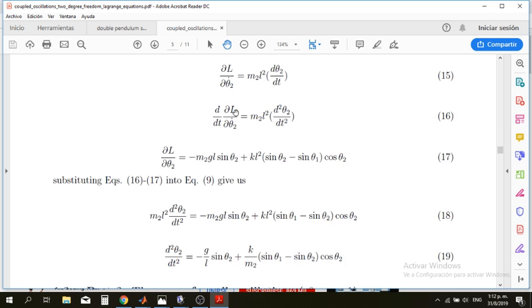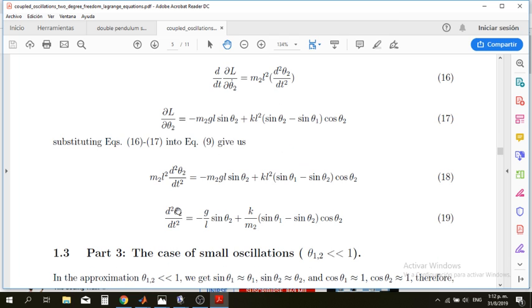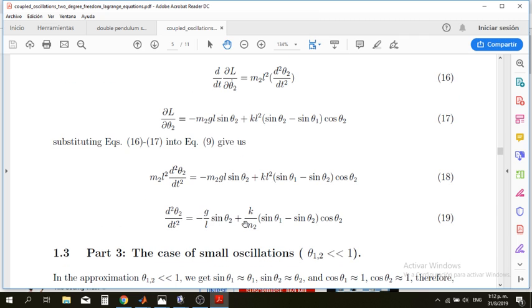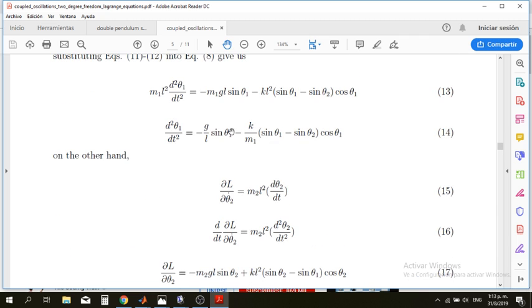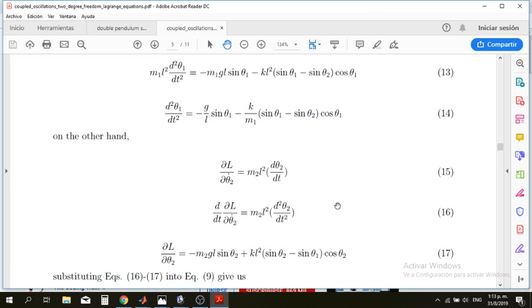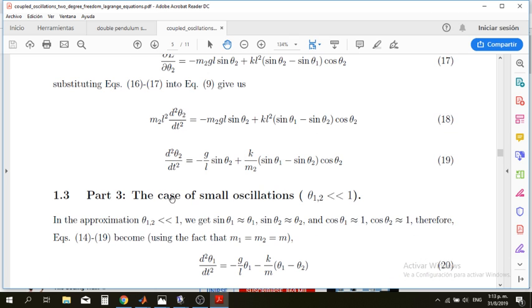The differences are, first, that instead of theta 1 it is theta 2, and the second term on the right hand side, instead of being minus k divided by m1, is plus k divided by m2. This is very important for this problem, as we will show you next.